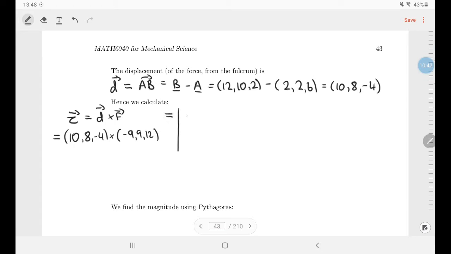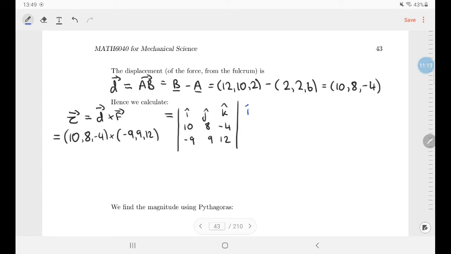With a determinant: i, j, k, the components of d. If you put the components of f first, you've calculated f cross d, which is minus the answer. So components of d: 10, 8, minus 4. Components of f: minus 9, 9, 12. Write down the first two columns again.